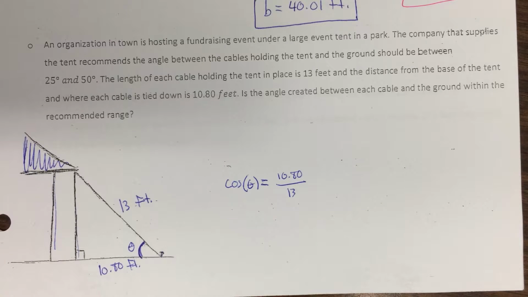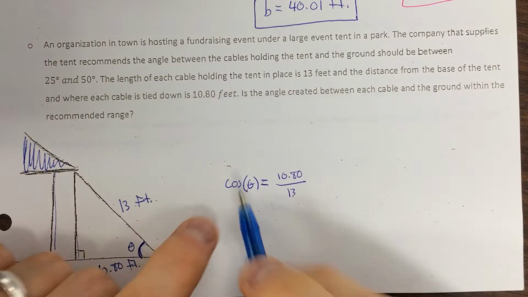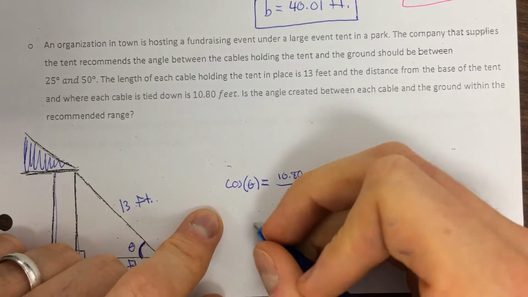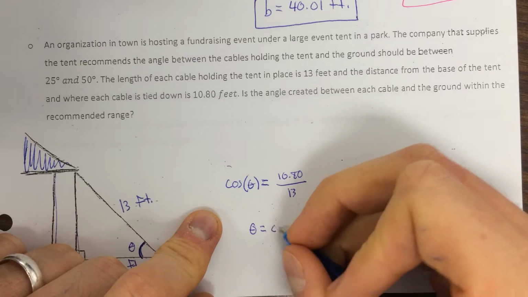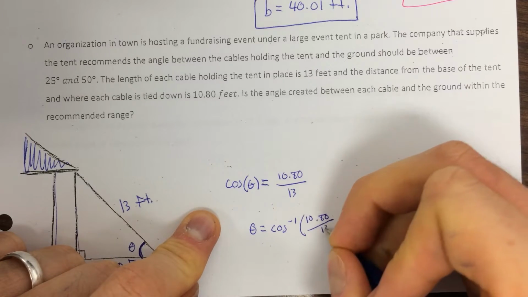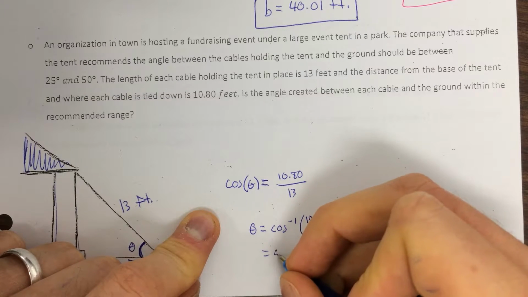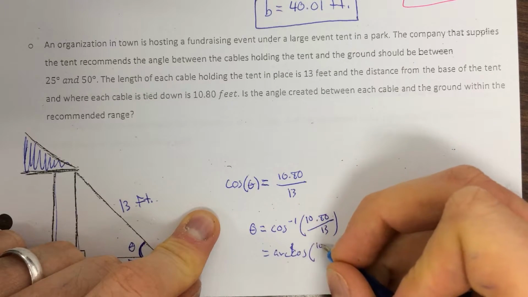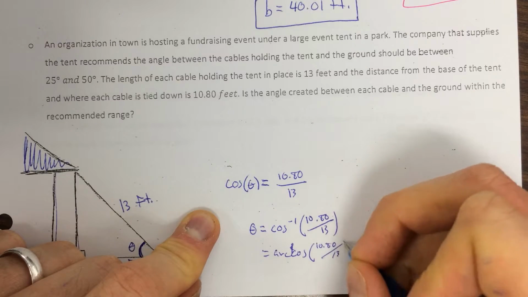And if that's the case, then we want to get theta on its own. We're solving for theta. To get rid of cosine, what we would do is take the inverse of cosine of both sides, and that would be cosine inverse. This is also equal to arccosine of 10.8 over 13.